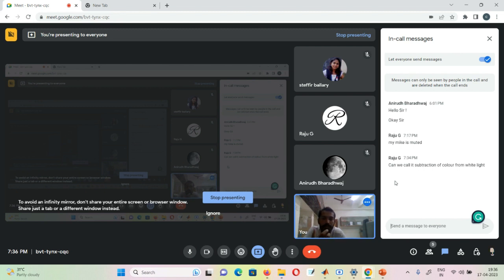You can consider it as a combination of the primary colors green, red, and blue. In that case, the green is getting transmitted, so only the red and blue part will be reflected.